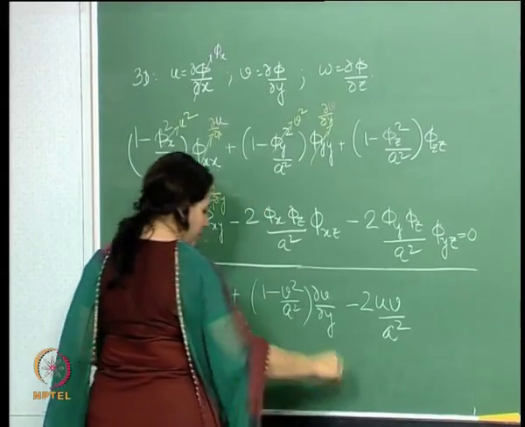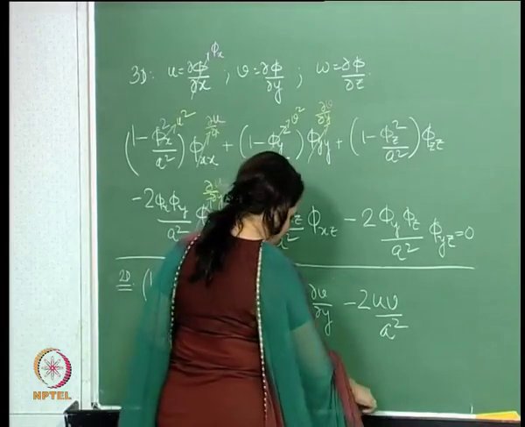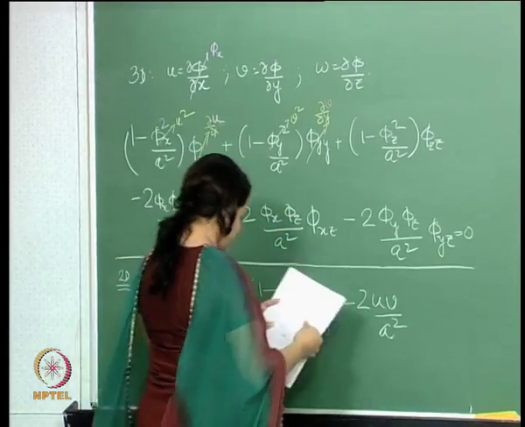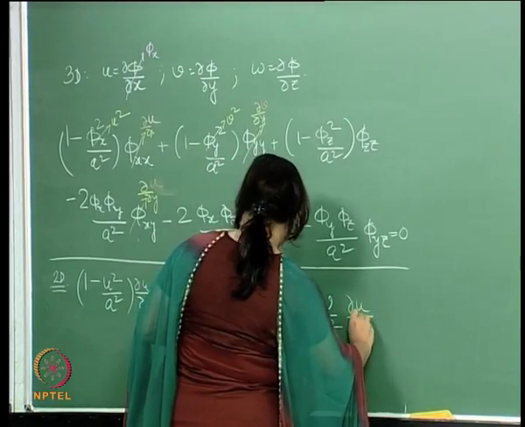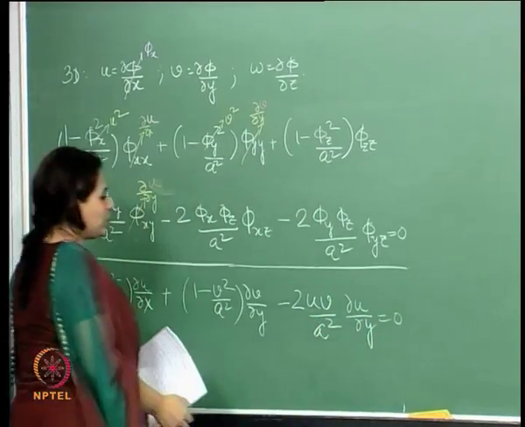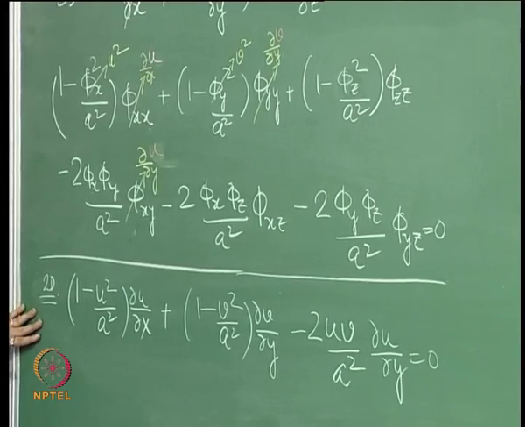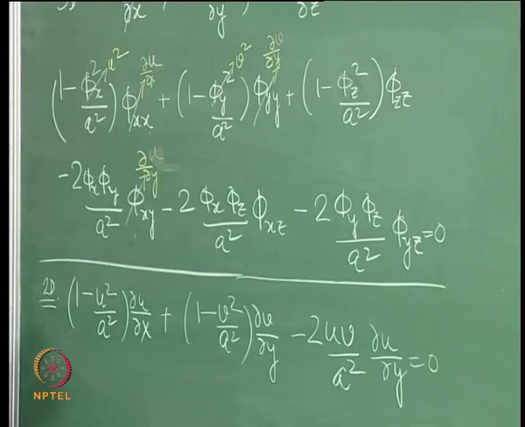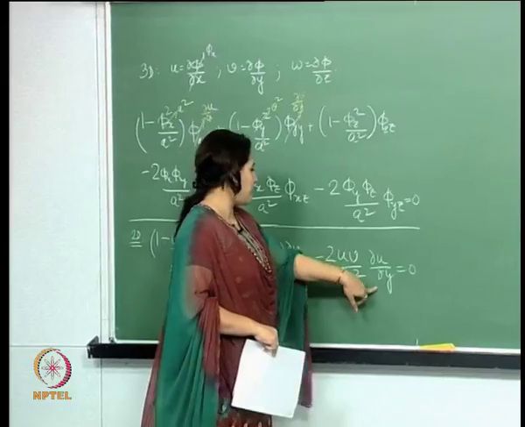Therefore, del u del y is equal to this. So this is the equation we get: we have del u del x, del v del y, and del u del y.